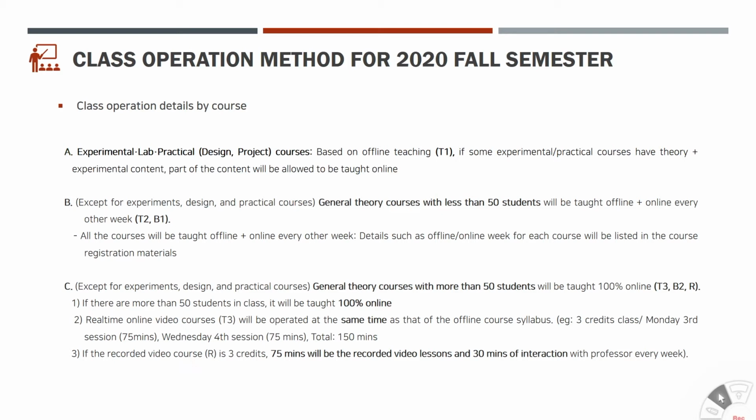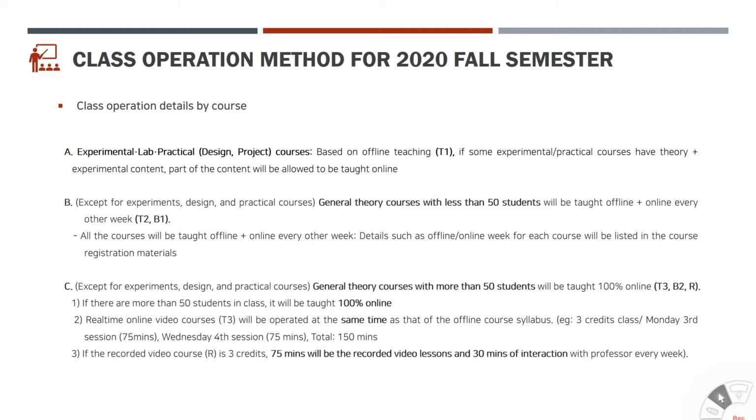For example, if your class is 3 credits and you have a class on Monday, 3rd session, and another class on Wednesday, 4th session, the total class is 150 minutes. That means the virtual class will be held at the same time as your offline class.